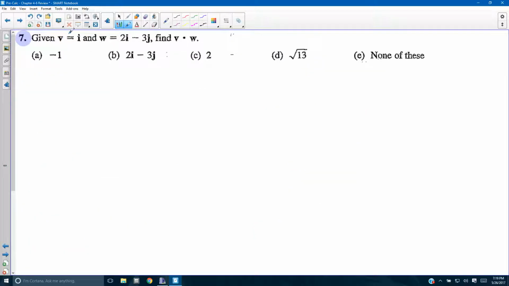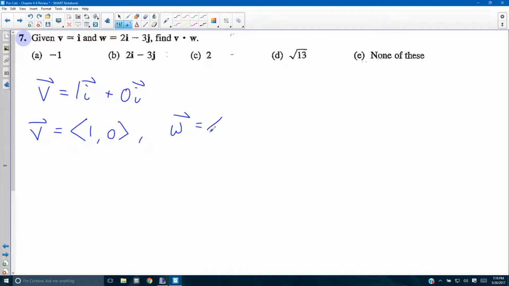Number 7, given vector v is i, which means 1i plus 0j, which also means linear combination of 1, 0, right? Vector i is the unit vector in the horizontal direction. And vector w is 2i minus 3j, which would be 2, negative 3. Let's find v dot w, vector v dot vector w.